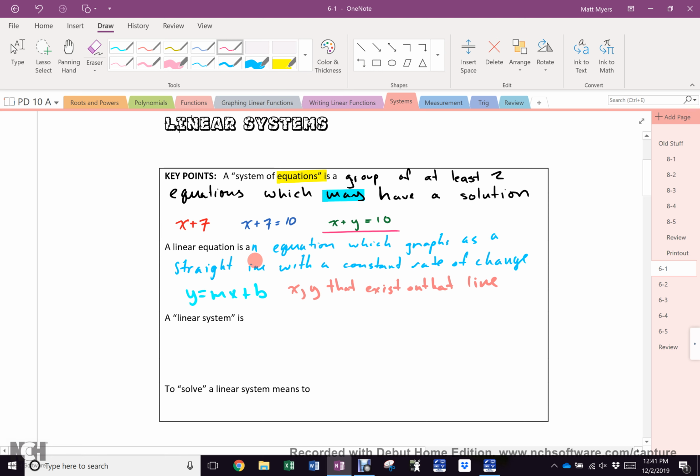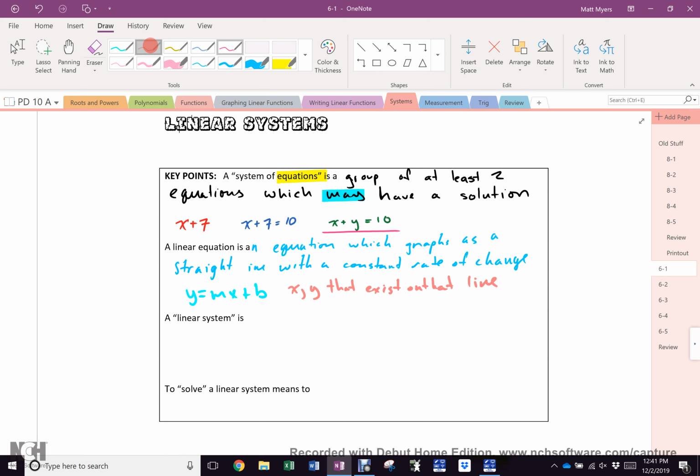Now, you're smart young people. If a system of equations is a group of at least two equations that may have a solution, and a linear equation is one of these, anything that graphs in a straight line, what then must a linear system be? Multiple equations that can be graphed on both lines. So close. I like where you're going.